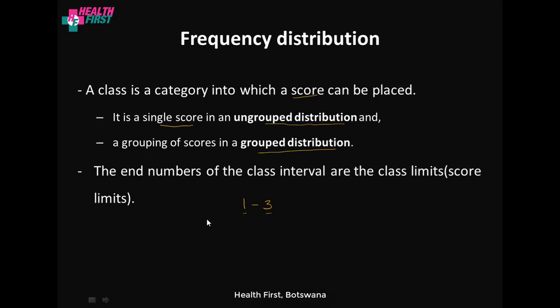And in the next few slides, we'll spend some time familiarizing ourselves with grouped distributions. The end numbers of the class interval are what we call the class limits, or score limits. Again, we'll spend some time learning these terminologies.